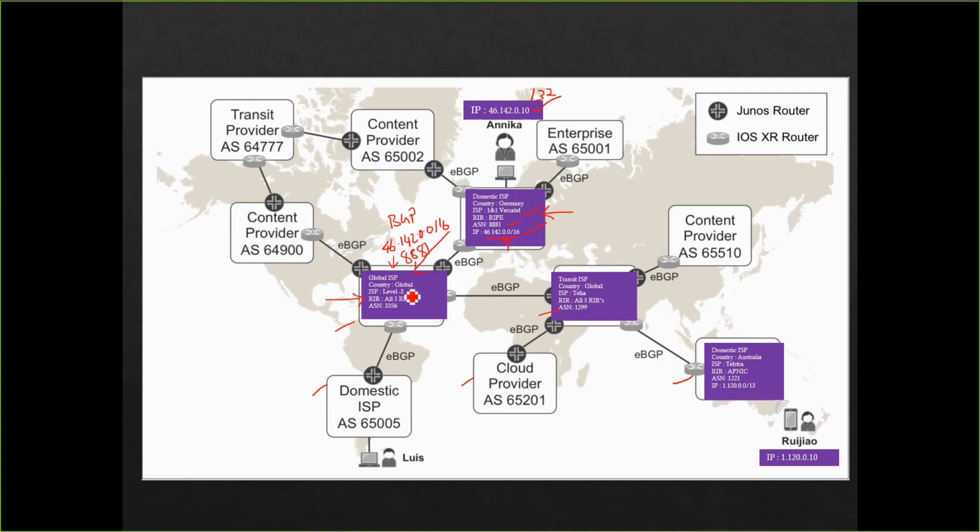You have to make this announcement to your global ISP. The global ISP is going to forward this announcement to his customers. The transit ISP is going to make this announcement to the cloud provider, the domestic ISP and so on. So the domestic ISP in Australia now knows about 46.142.0.0/16. They know that there is a new network called Versatel with an autonomous system of 8881.